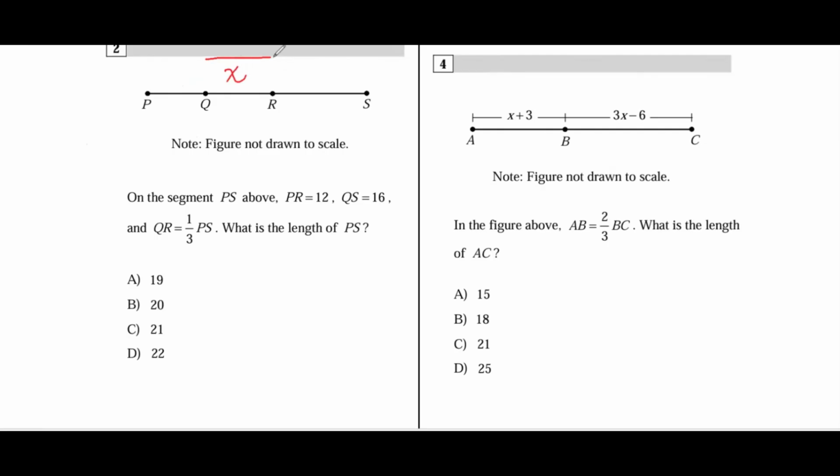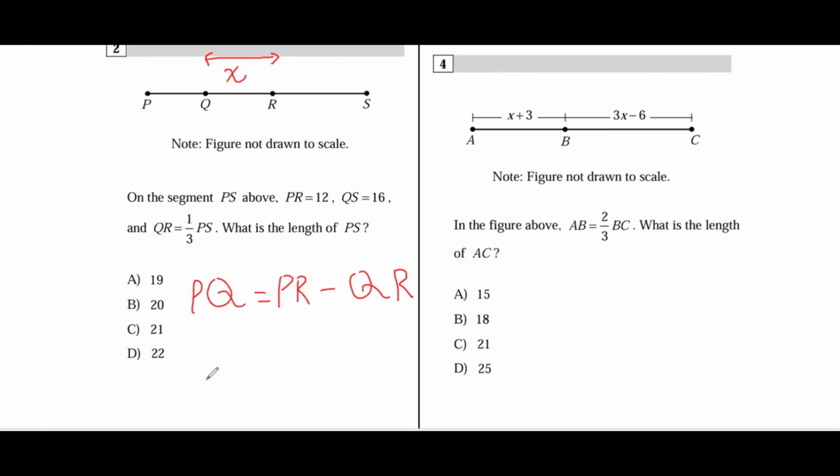Okay. So if I have to find PQ, then PQ would be equal to PR minus QR. Am I right?